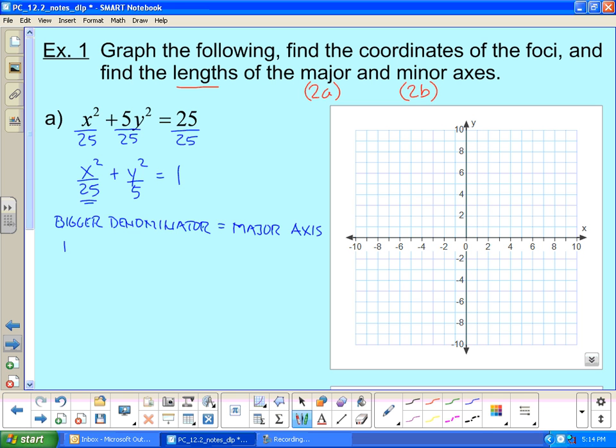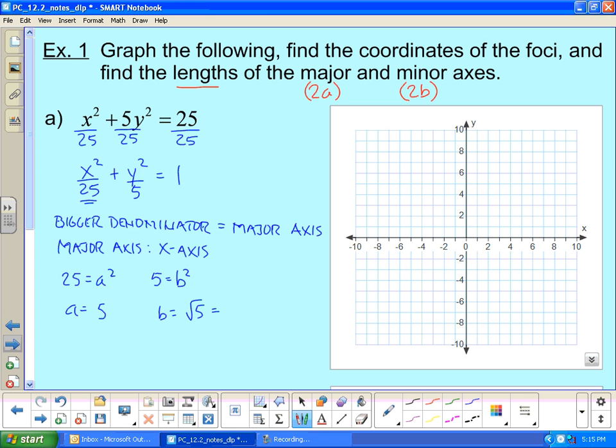That means my major axis is on the X. And now I'm ready to go. So if 25 is A squared and 5 is B squared, that means I square root this and I get 5. And I square root this guy and I get square root of 5. We can make that a decimal. There's our A value, there's our B value.